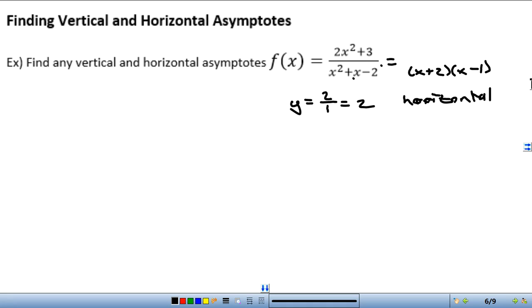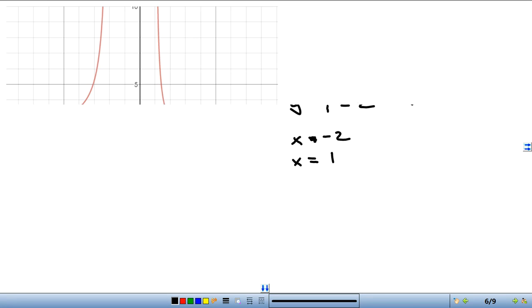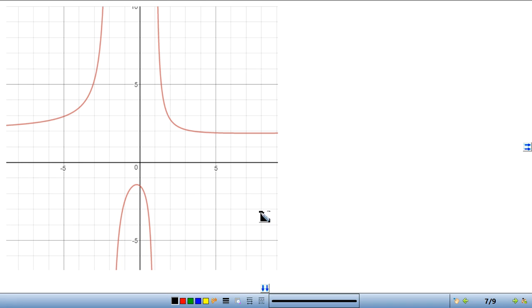Because I don't have a matching one on the top, both of these end up being vertical asymptotes. So I'll have vertical asymptotes at x equals -2 and x equals, in this case, 1. And I'll have my horizontal asymptote at y equals 2. I don't have any holes. So right here, I got y equals 2.